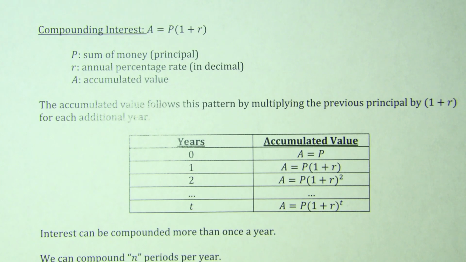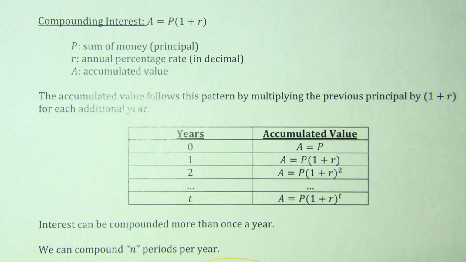So what you want to do then is figure out which account can earn it faster. Typically, whichever account is going to calculate your interest more frequently, that's called compounding your interest more frequently, that's going to be the account that earns you money faster.